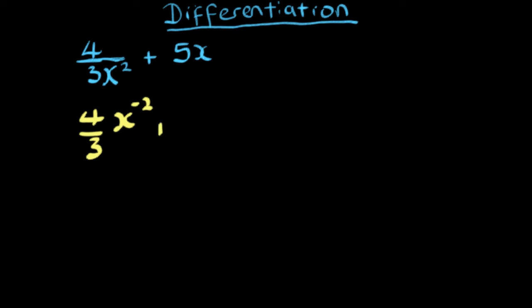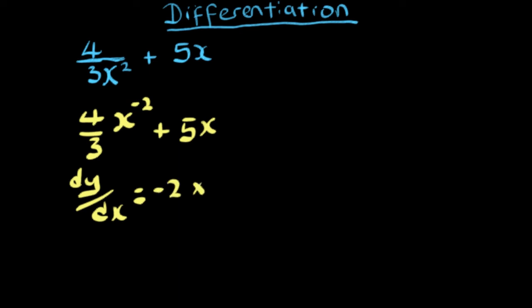So plus 5x. Now let's differentiate. So dy over dx will be equal to, we're going to use this negative power to multiply 4 over 3. So we have minus 2 times 4 over 3x, right? We recall that we're still supposed to subtract 1 from the power, despite the fact that it's negative.